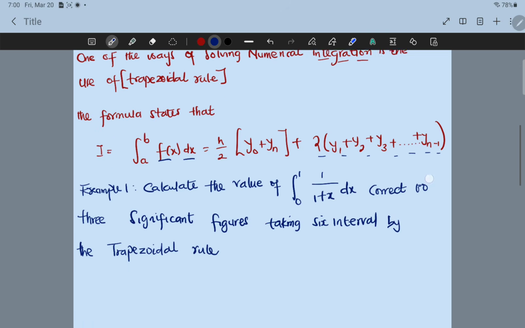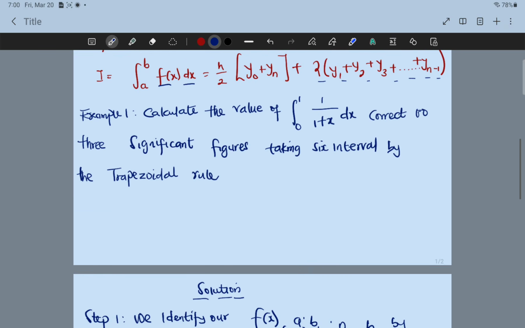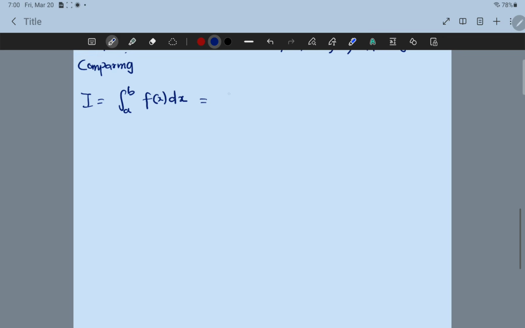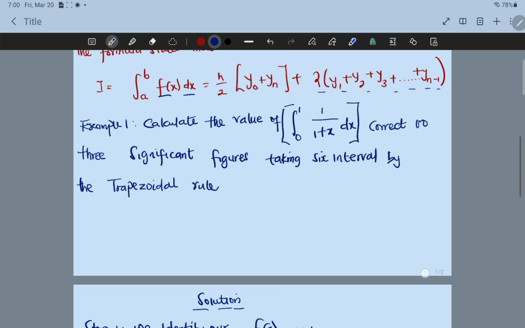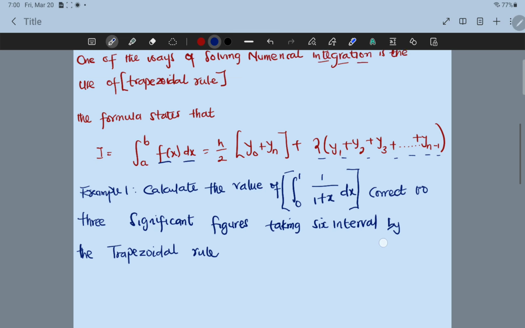So let's compare this to the question we have. The question says the integral from 0 to 1 of 1 over 1 plus x dx, right?